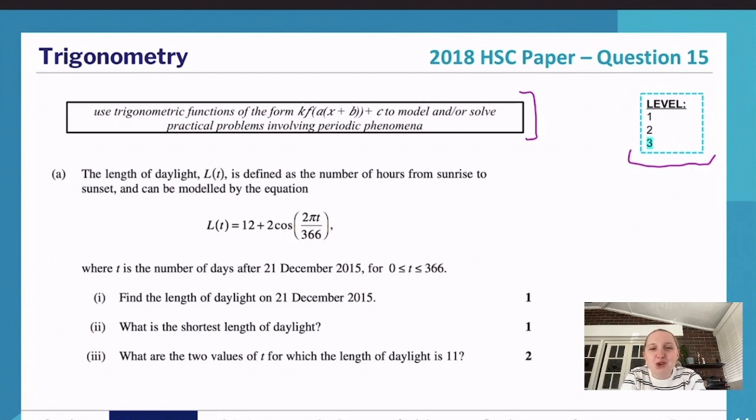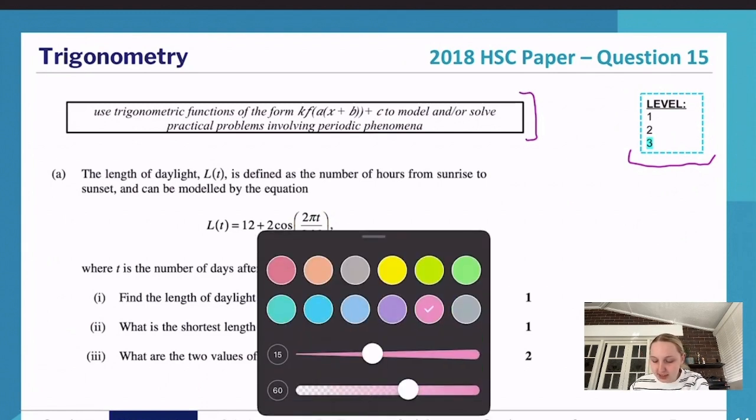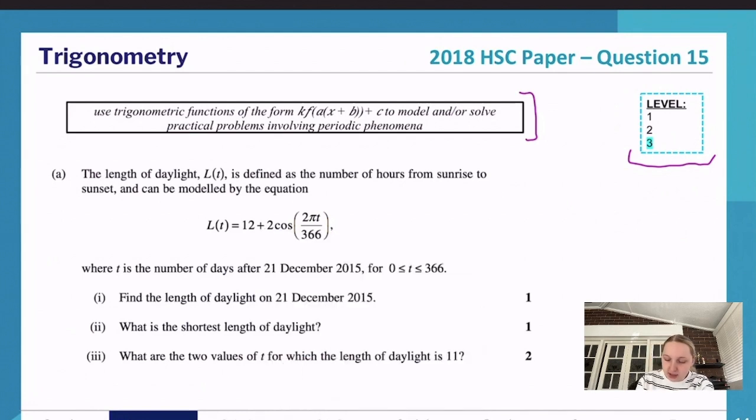Super, super common question to get. Really commonly, these questions come up as sunrise to sunset or tides, like the tide of water going up and down. A super common question type to see, so it's super important that you know how to do this one.